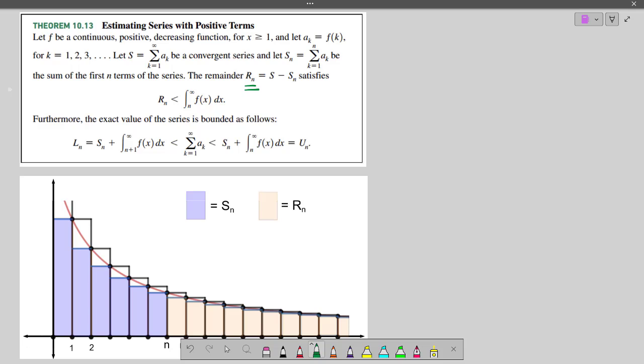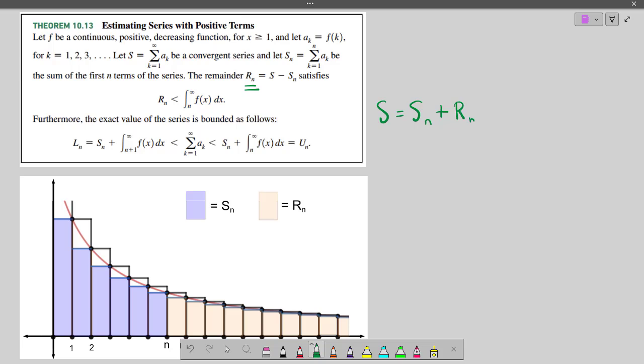So if your series converges to a number, but you truncate it so you only look at, say, the first 1,000 terms, then there's going to be a little bit of remainder. Right? If you look at that first 1,000 terms, you may be super close to the actual sum, but you're not going to be all the way there. So we're going to think of the sum of the series as that S sub n plus a remainder that's associated with that n value.